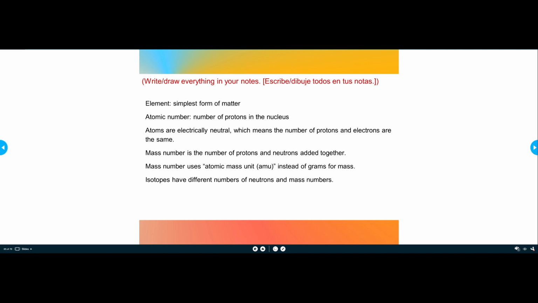Mass number is the number of protons and neutrons added together. The mass number uses atomic mass unit, or AMU, instead of grams for mass. And isotopes, by definition, have different numbers of neutrons and mass numbers.